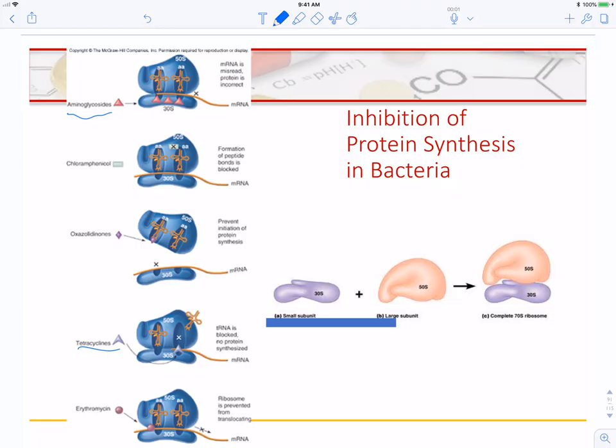And erythromycin binds so strongly to the complex that it prevents it from translocating and therefore from reading more messenger RNA. In general terms, the ribosome is comprised of a small subunit and a large subunit, and that forms the complete 70S ribosome found in bacteria, which is slightly different from what we can find in eukaryotes.